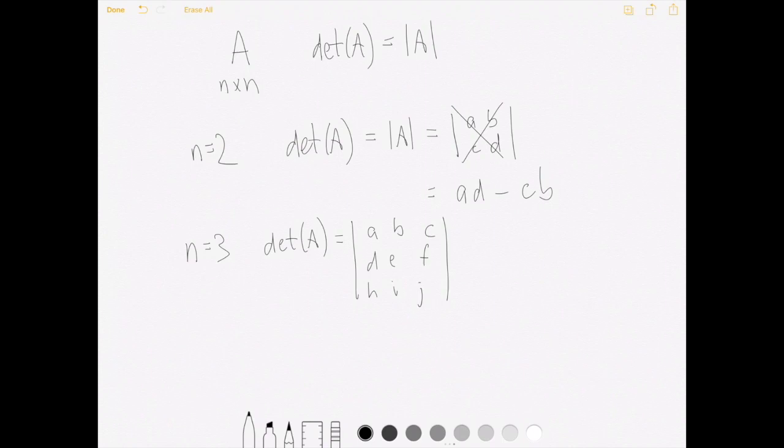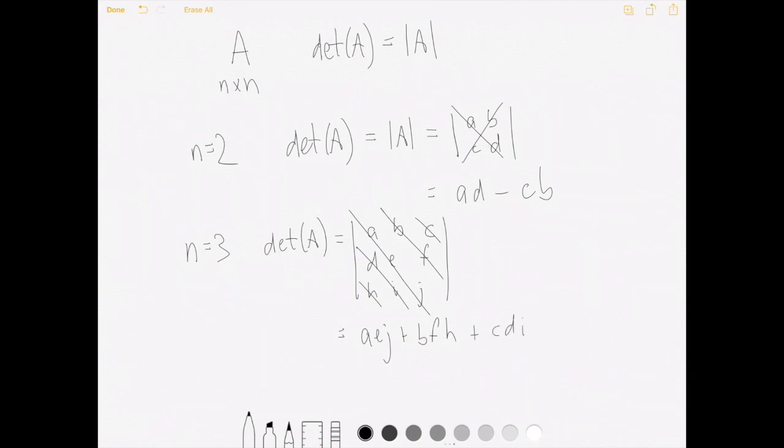What we're going to do is multiply down here, adding these products. So we're going to get aej plus bfh plus cdi.